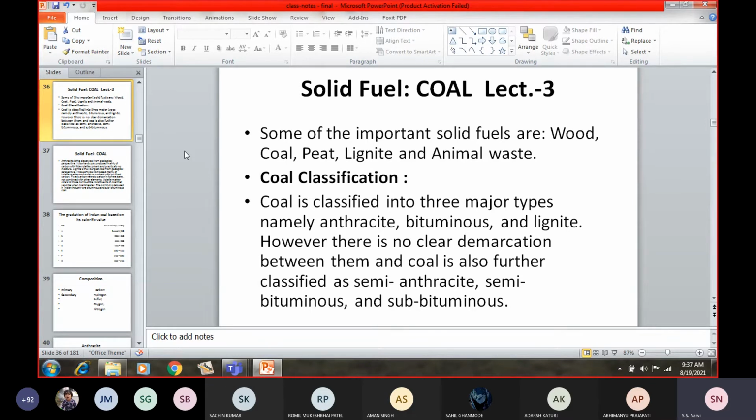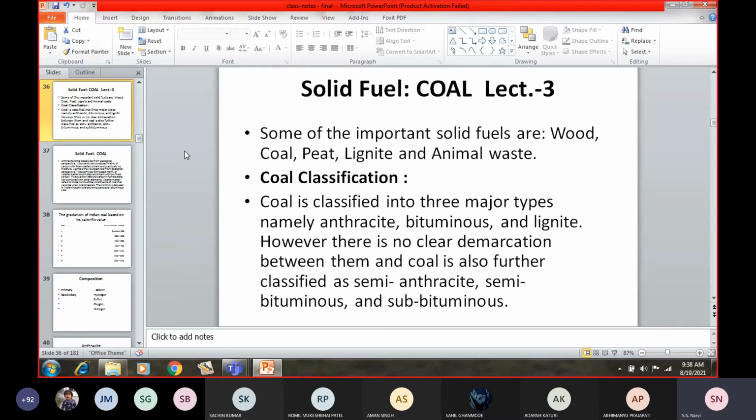That is why we call it the fossil fuel. So when the wood is buried into the earth for certain time, then the transformation of wood takes place. There are various stages of coalification or coal formation from the wood.